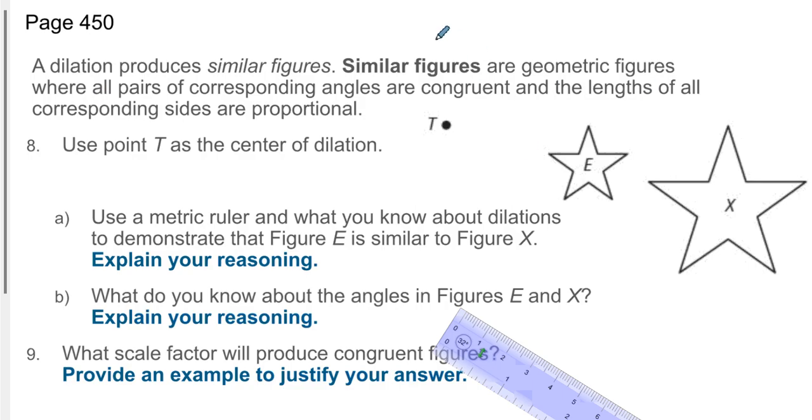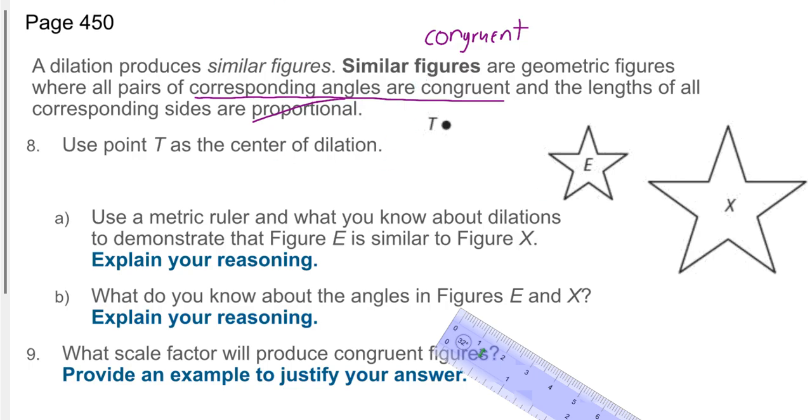Now, before we learned about congruent figures: congruent figures have corresponding angles that are congruent, and corresponding sides are congruent still. So the difference between congruent figures and similar figures is the lengths are proportional, but all the angles still have to be the same.